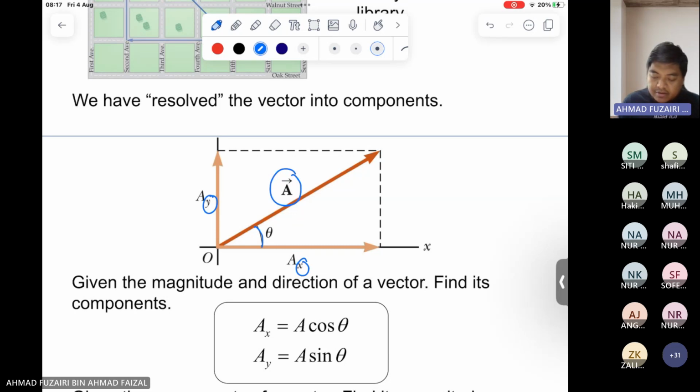Okay, this is the x-axis, so the angle comes from that part.